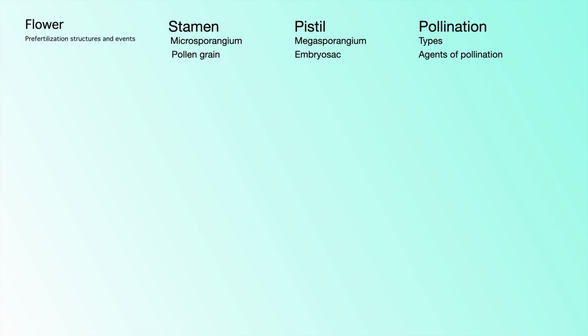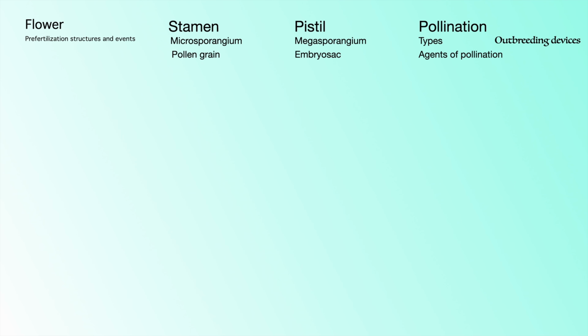Xenogamy. Here pollination occurs between flowers of different plants. It is the only type of pollination that results in development of genetically different plant. It is an example of proper cross pollination.